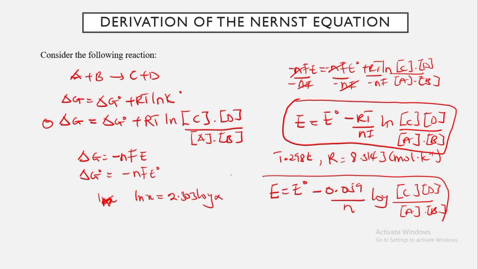This is what we use at standard condition. We have the Faraday constant, F, which is 96500 coulomb per mole. That one will be substituted into it, and at the end, this is what we use at standard condition. But if they give you non-standard conditions, then you go back to this formula, right? Yes.